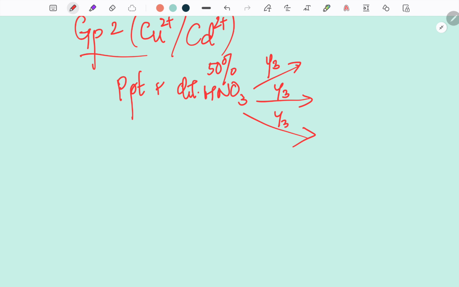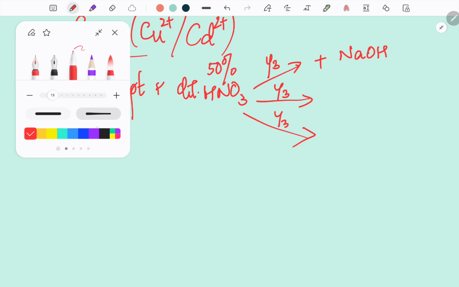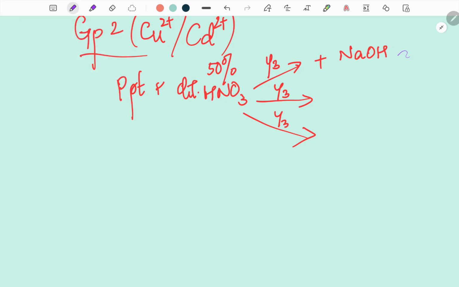And in the first part you need to add NaOH drop by drop, and then you need to add it in excess. If you are able to see a light blue PPT, or if you are able to get a white PPT, that means the group 2 cation is present.